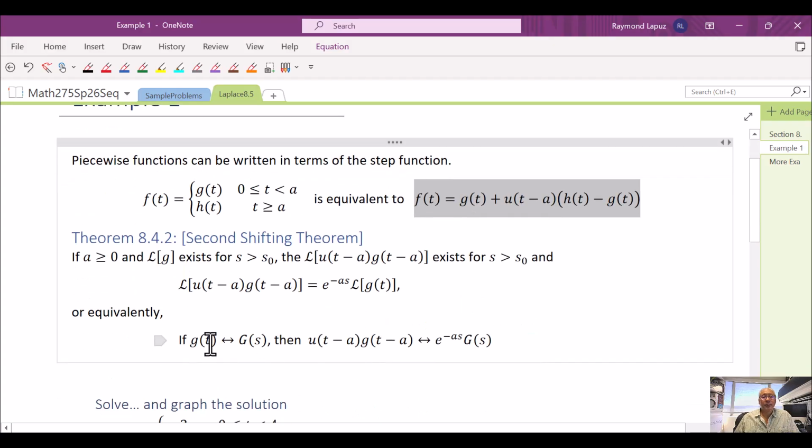And then the other big theorem was being able to use the shifting theorem.